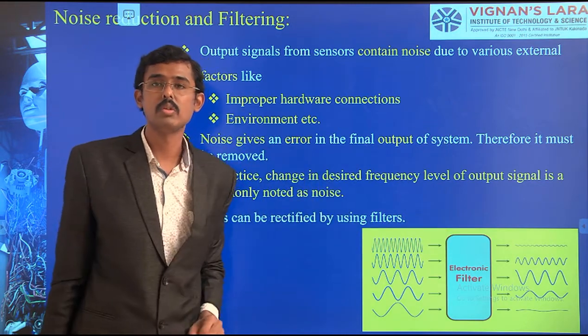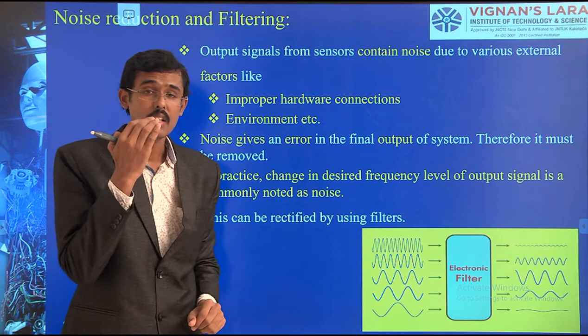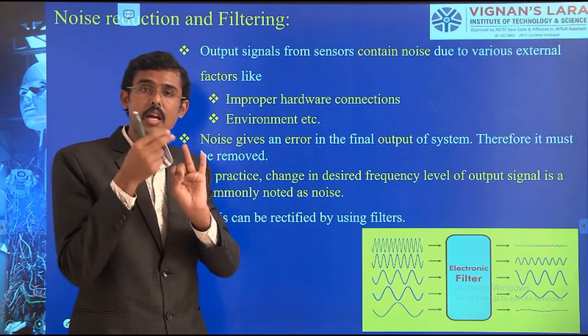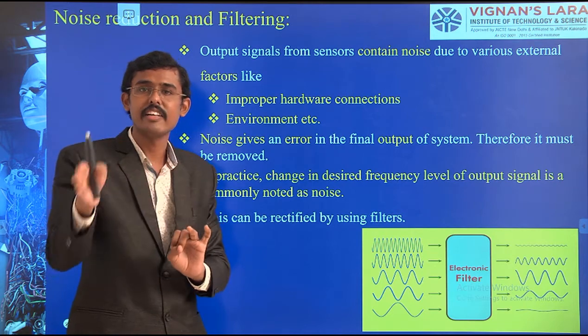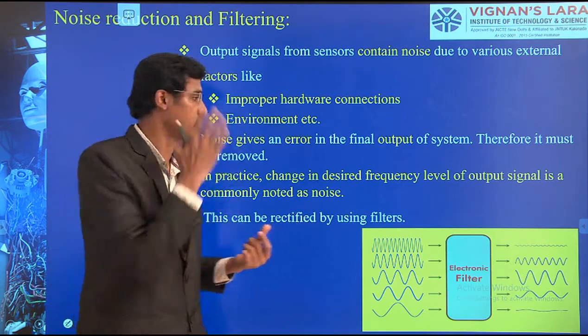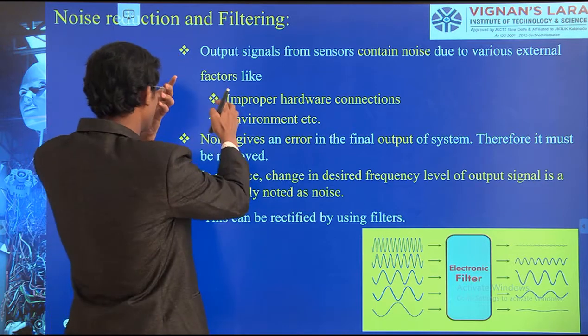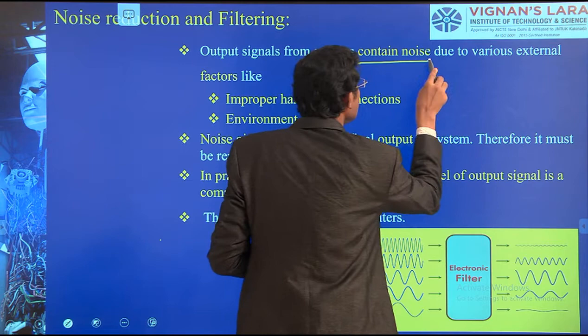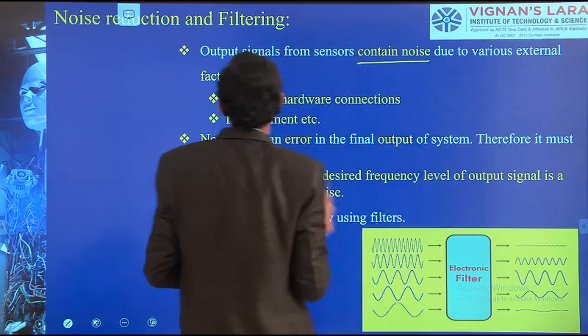Next we have to do noise reduction. We have compared two: one is amplifier and one is the noise reduction and filtering process. So now I am coming to noise reduction. The output signals from the sensors contain noise due to various external factors.